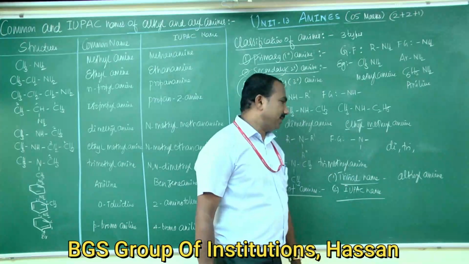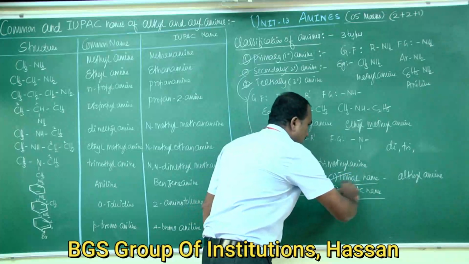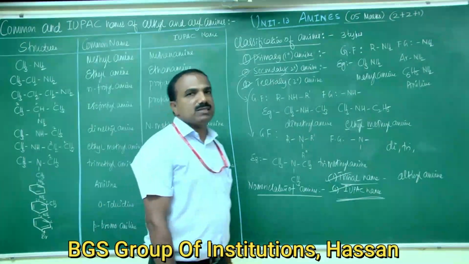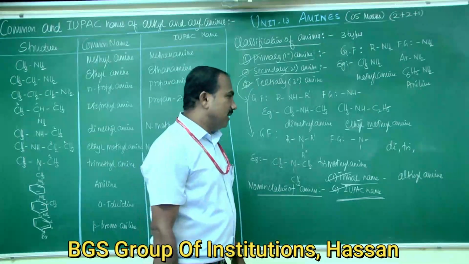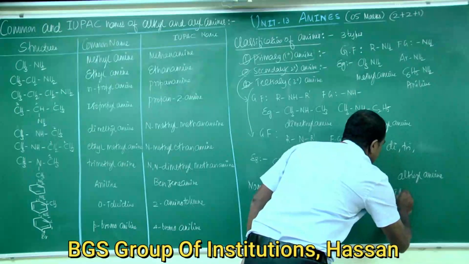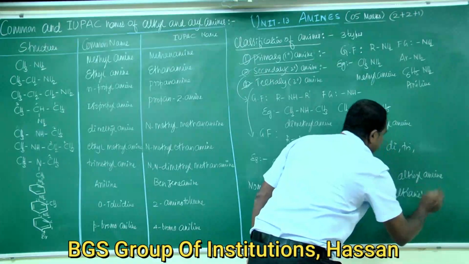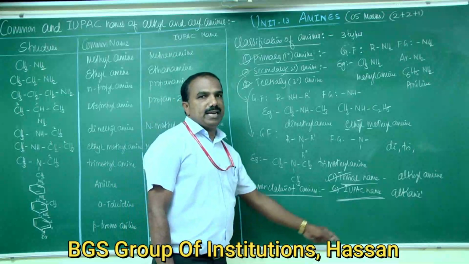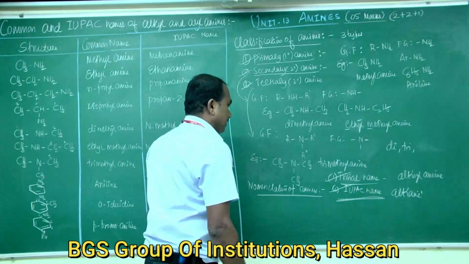This is the trivial system. In the IUPAC system, these are the derivatives of alkanes, in which the e of the alkane is replaced by amine.